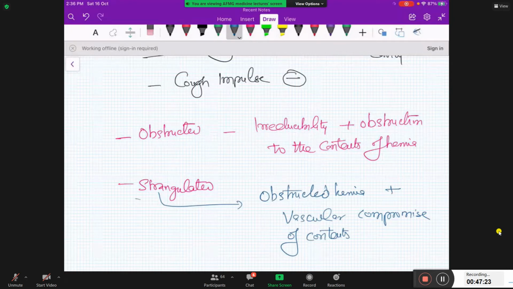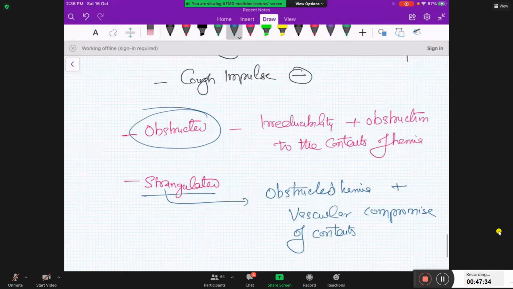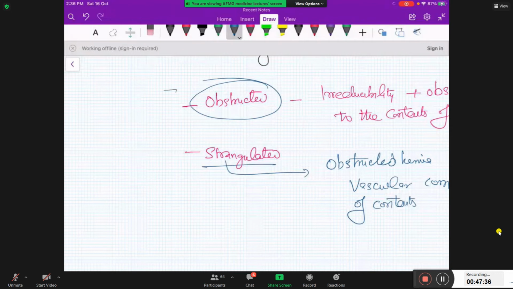So strangulation is not a forerunner, na? Obstruction is a forerunner of strangulation. So obstruction का अगला process है, and both these types of hernias are going to be operated in emergency.